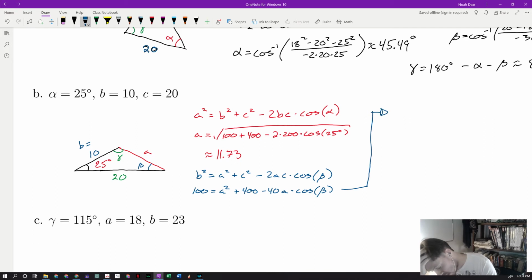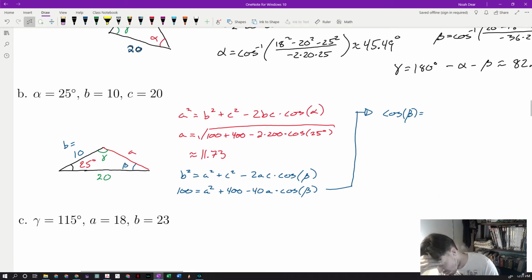So cosine of beta equals 100 minus 400 is negative 300 minus A squared all over negative 40A. So beta equals the cosine inverse of that.